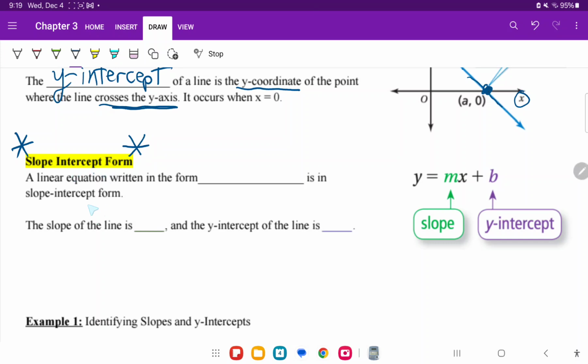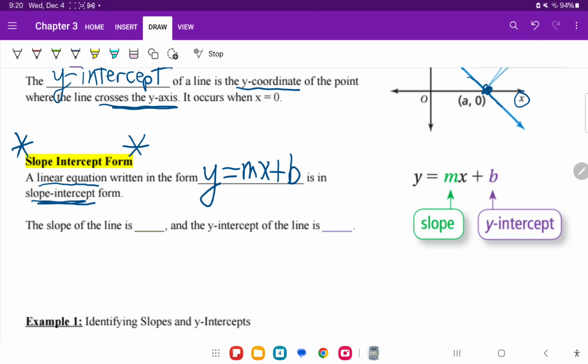The slope-intercept form is a linear equation written in the form y equals mx plus b.